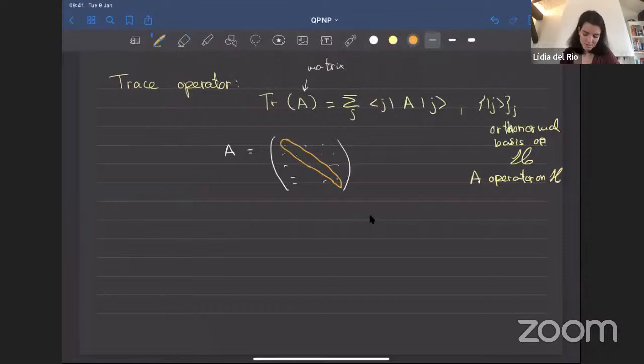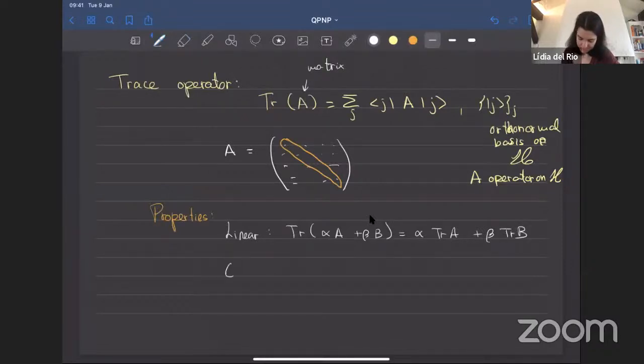In the tutorial, you'll see that there are some properties. Namely, it's linear, meaning the trace of alpha A plus beta B is alpha trace of A plus beta trace of B. It's cyclic, which is a fun property that's very useful: the trace of ABC, if I move this A to the other side, doesn't change anything, so it's the same as the trace of BCA. You'll prove this in the tutorial.